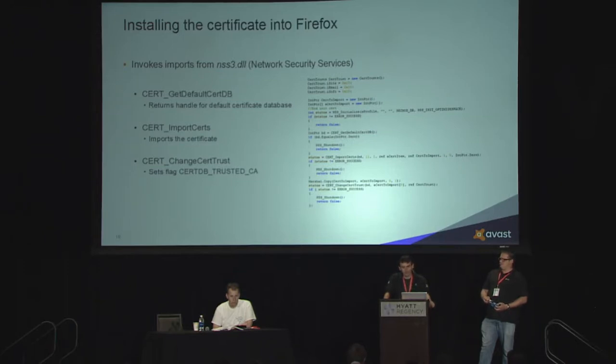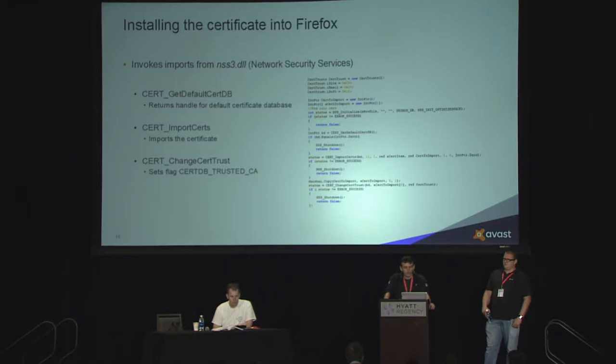For this, as I mentioned in the beginning, there are a few PowerShell scripts, and one of these scripts was called PSF, F like Firefox, and this one adds the certificate to Firefox. It calls a few functions from the NSS3 DLL library, and there are 3 main functions. All of them start with the cert_ prefix.